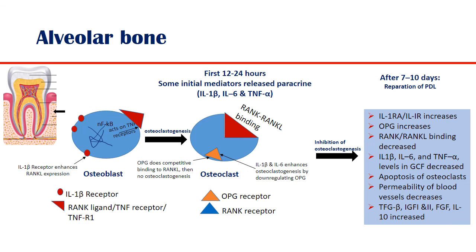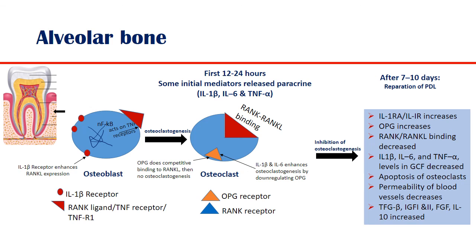But there is also a catch here. Just for my understanding, I have made these as triangular receptors because they are similar in shape. If you have that triangular cap on the osteoblast, it is going to fit into the triangle present on the osteoclast. Then that binding is going to happen. But there's another receptor, osteoprotegerin, which is also triangular in shape.